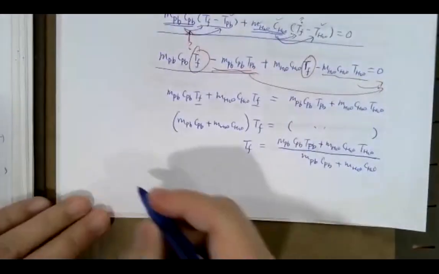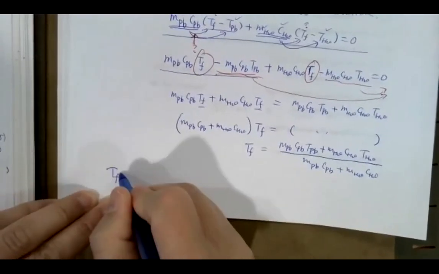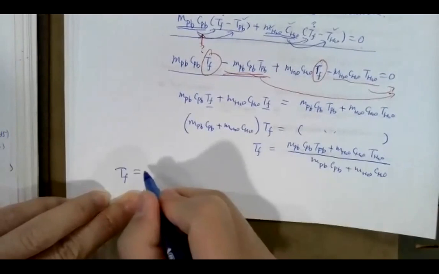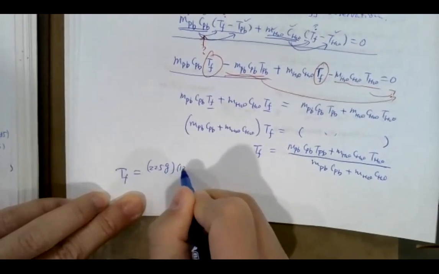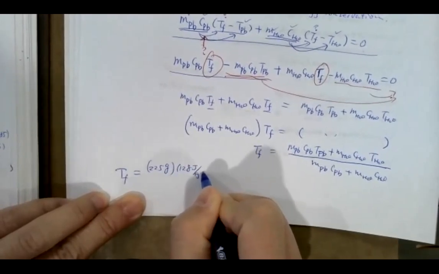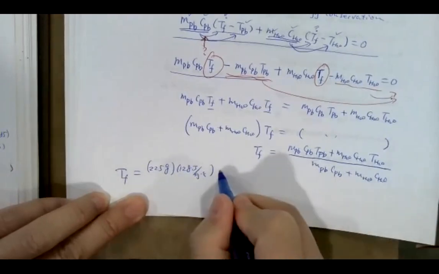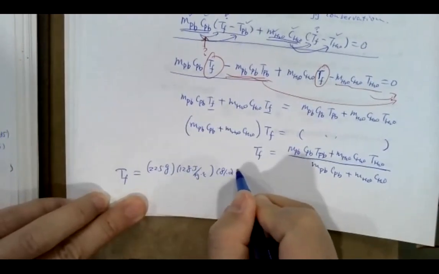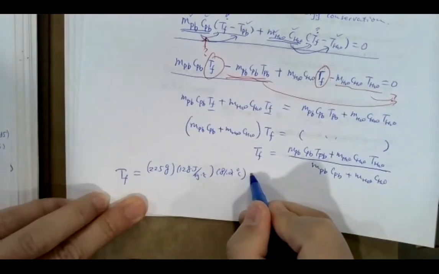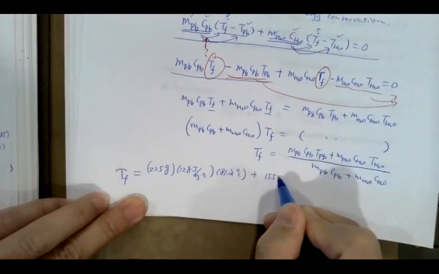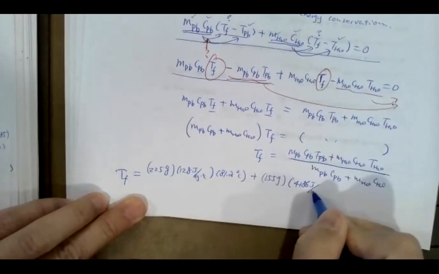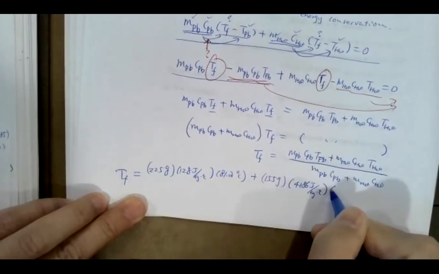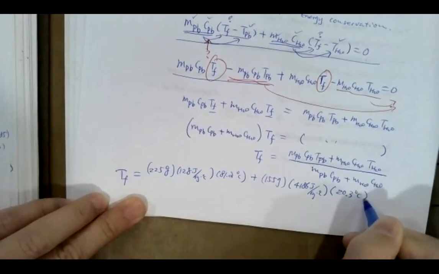So then you can take the numbers in there. T_F then equals M_PB is 225 grams, C_PB is 128, T_PB is 81.2 degrees Celsius, plus M_H2O 150, 4186 joules per kilogram Kelvin degrees Celsius, T is 20.3.